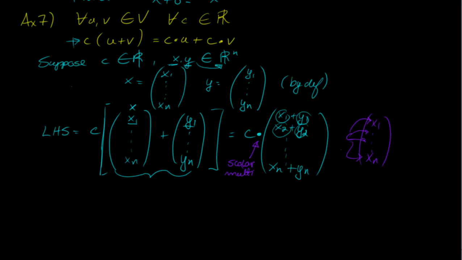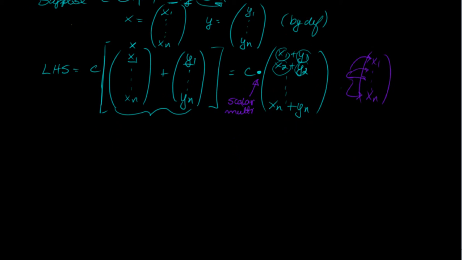And that's what I'm going to do in the next step of my proof. So I'll write that this is equal to c times x1 plus y1, and then the second row is c times x2 plus y2, and so on, and then the nth row is c times xn plus yn.